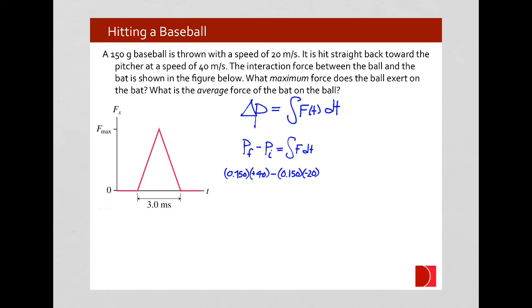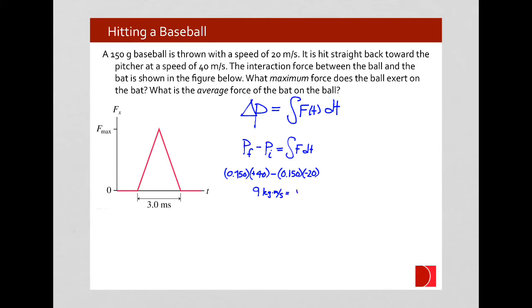And so what that gives us is a total of 9 kilogram meters per second as our total change in momentum, the total impulse delivered to our baseball.